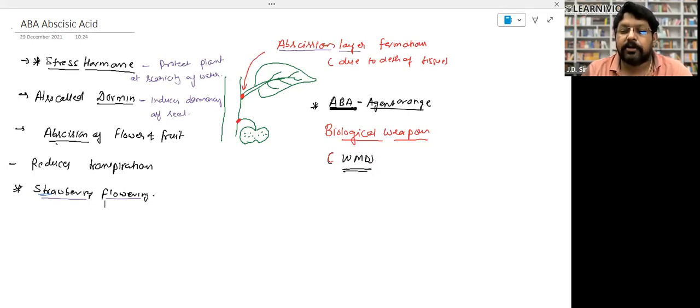The purpose of transpiration, as we have already discussed, is the loss of water so that the body temperature of the plant reduces. If the body temperature increases, the cells will die because metabolic reactions stop, meaning the enzymes will break down.